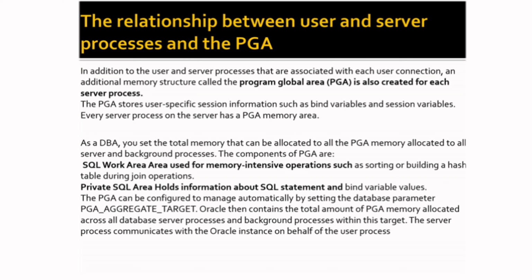Every server process on the server has a PGA memory area. As the DBA, database administrator, you set the total memory that can be allocated to all the PGA memory allocated to all server and background processes.